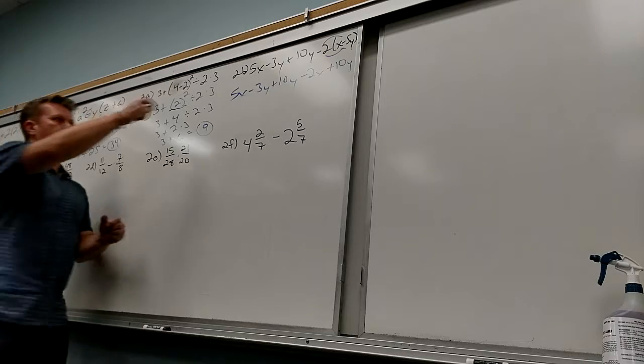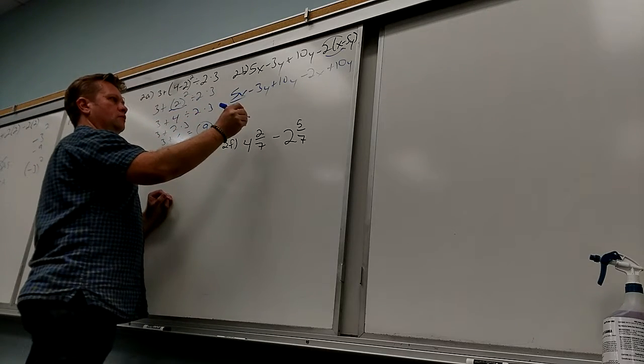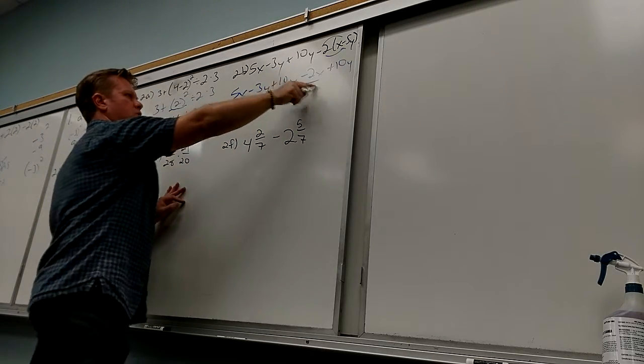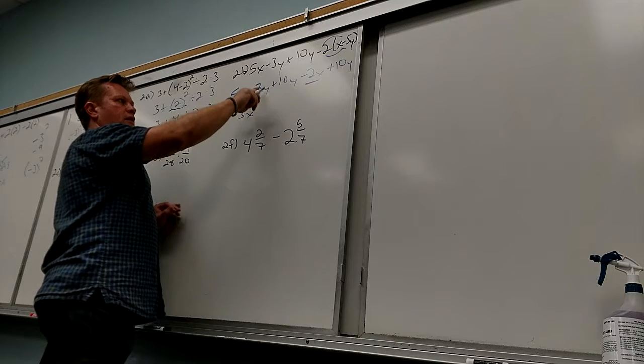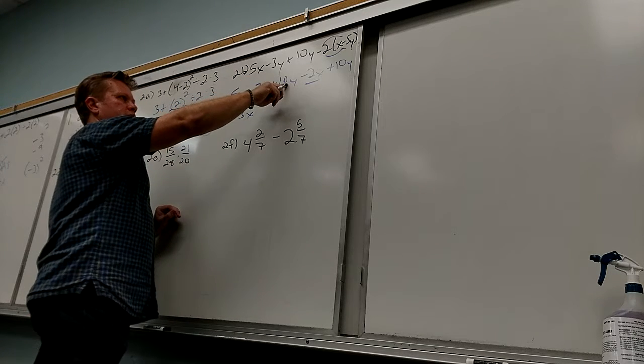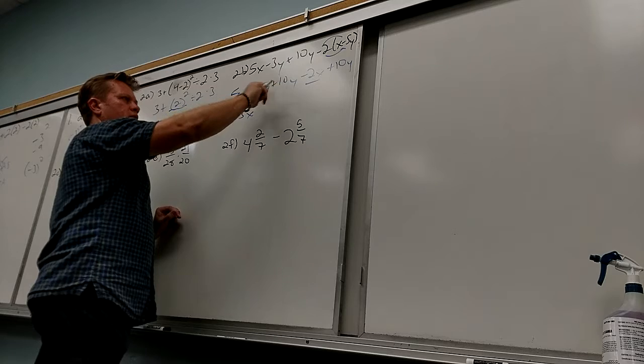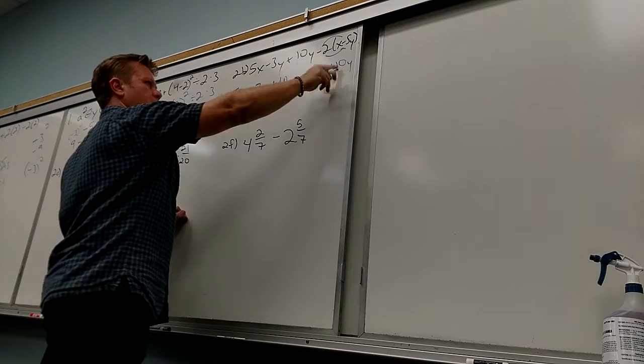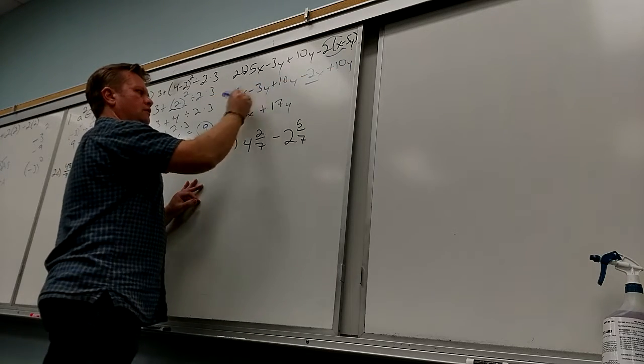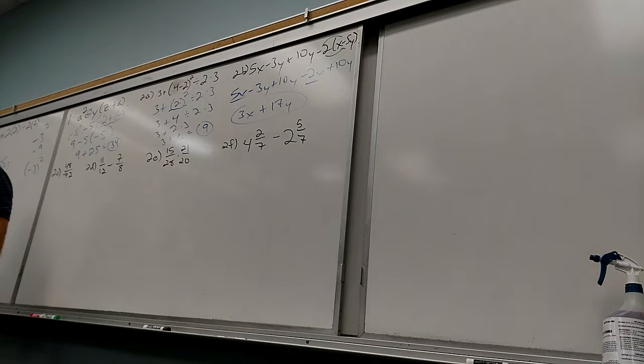Combine like terms. So what's like with this one? Yeah, negative 2x. So 5x minus 2x. And then I got negative 3y plus 10y so far is 7y plus another 10y, 17y. Kick ass. You alright?